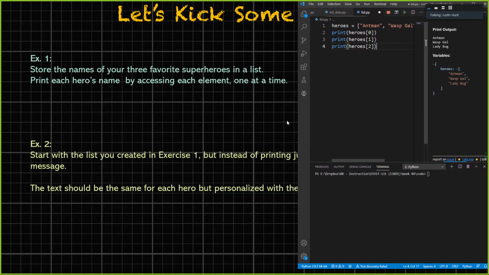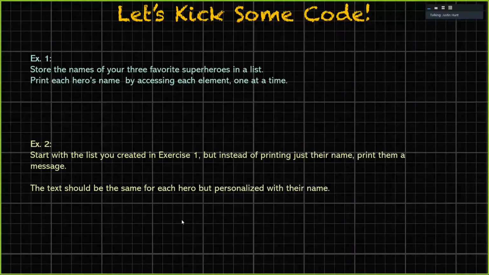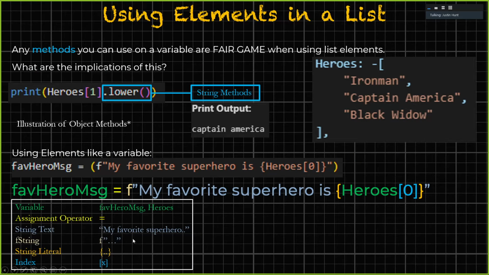Right. I'm going to let you guys do exercise 2 on your own. If you have any problems pulling out this one, please let me know. But essentially, I want you to do the exact same thing, but I want you to do it with a personalization. I want you to use that code that we looked at before, which is an F string.